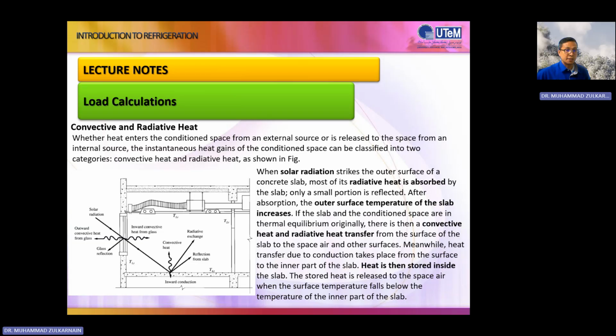Convective depends on the medium. Radiative is from the radiation of the solar, so it is a different medium.